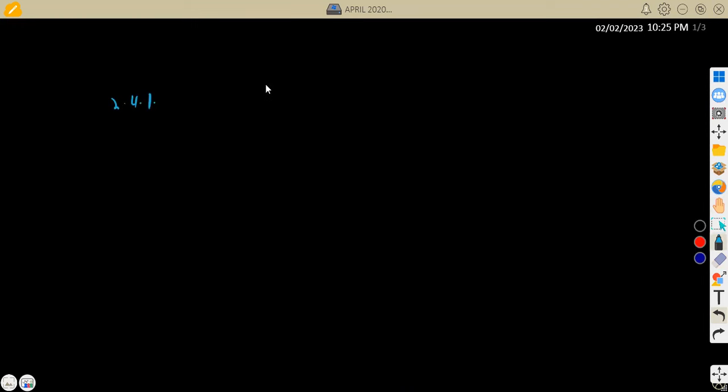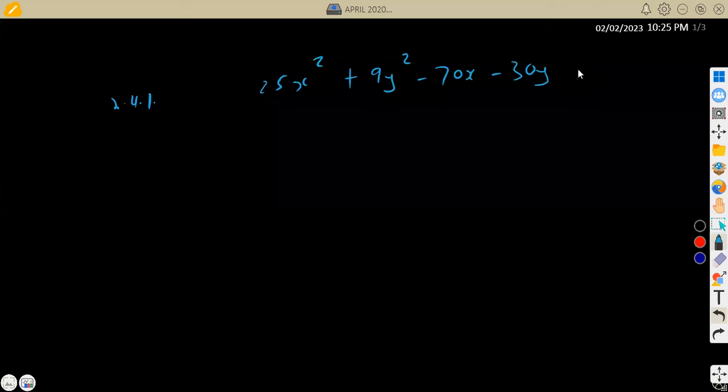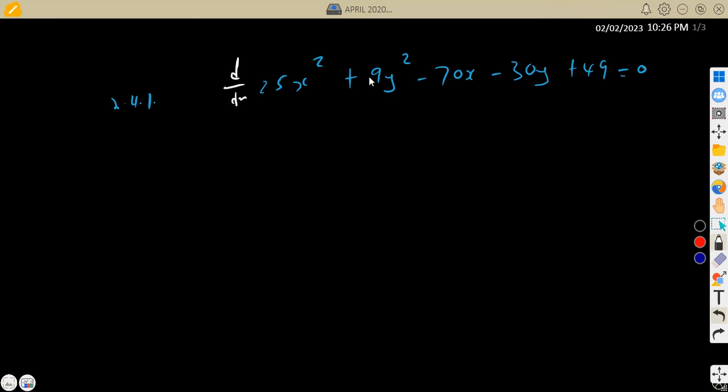We were given an equation as 25x squared plus 9y squared minus 70x minus 30y plus 49 is equal to 0. Remember, what you need is to find the derivative with respect to x of each and every part that you are given.